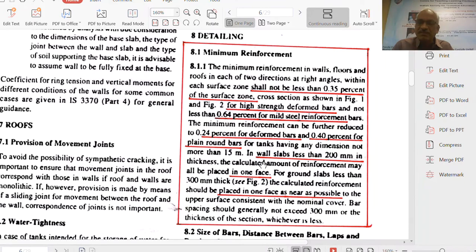Only when we are familiar with these basics can we do the design confidently. Because we are going to use Tor steel, and our length or width of the wall is going to be less than 15 meters, you can go for 0.24%. Otherwise, you have to go to the higher values, 0.35% and 0.64%, depending upon the steel. So this is another important point.